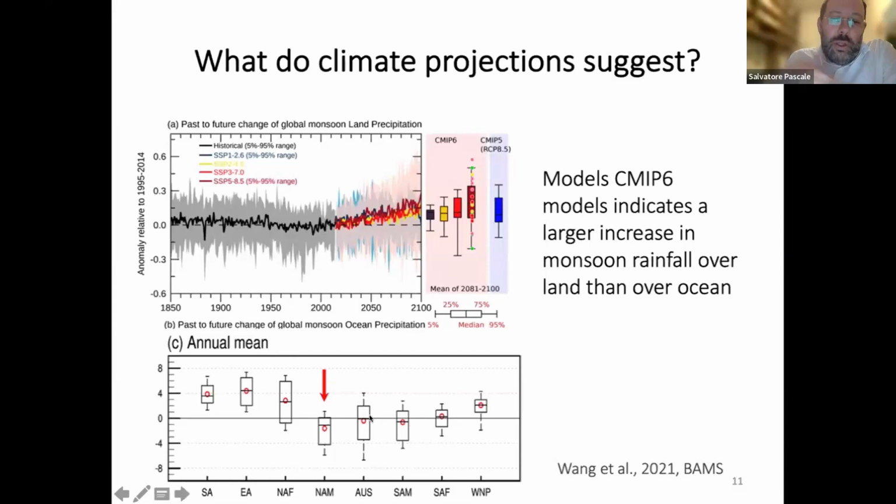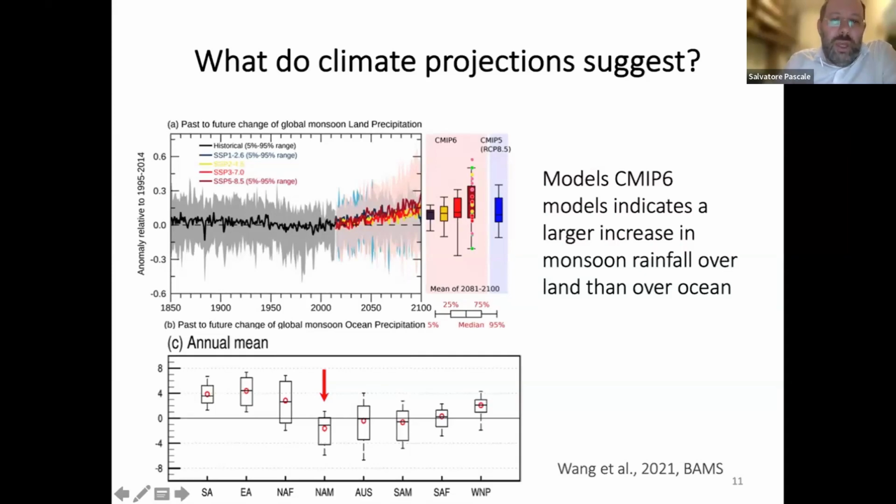So when instead people try to look at future projections, the indication from models is of an overall reduction of summertime rainfall over the North American monsoon, which is again contrasting with what is observed for the other monsoons.